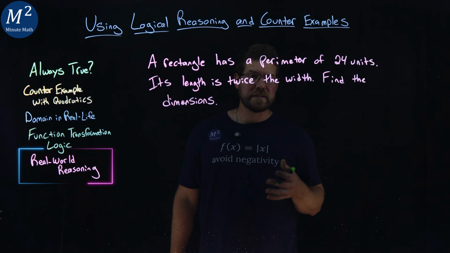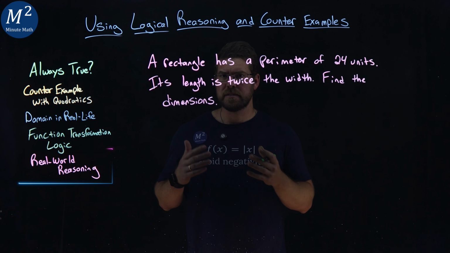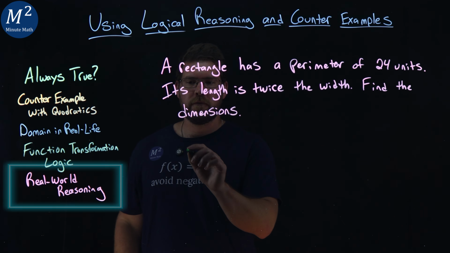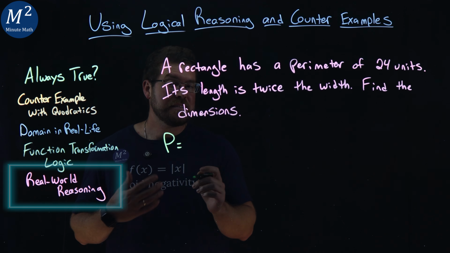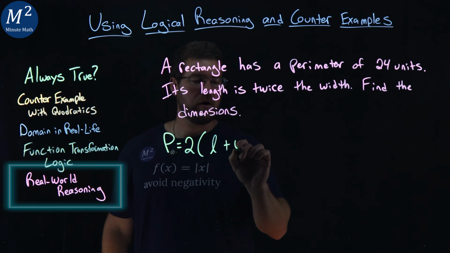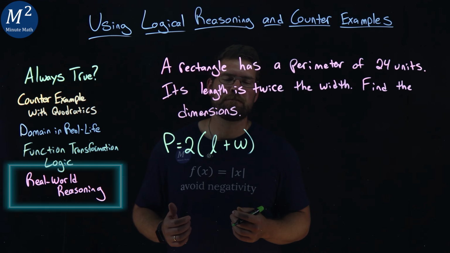A rectangle has a perimeter of 24 units. Its length is twice the width. Find the dimensions. Let's talk about the perimeter formula first. Our perimeter is equal to 2 times our length plus our width. This is for a rectangle that we're dealing with here, okay?